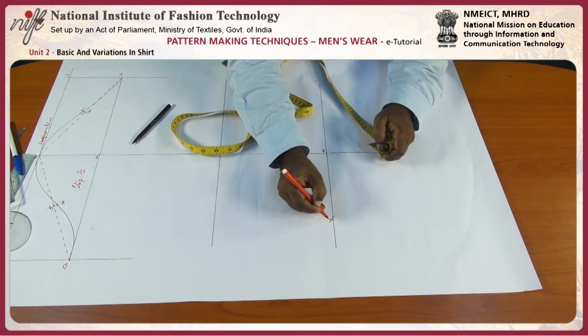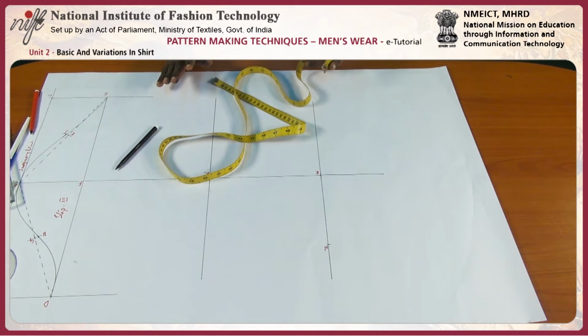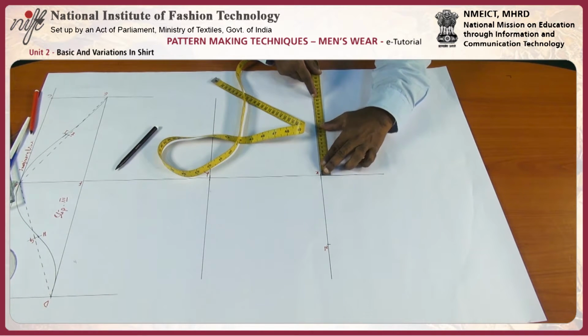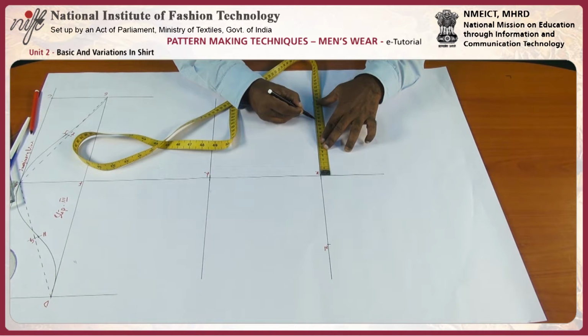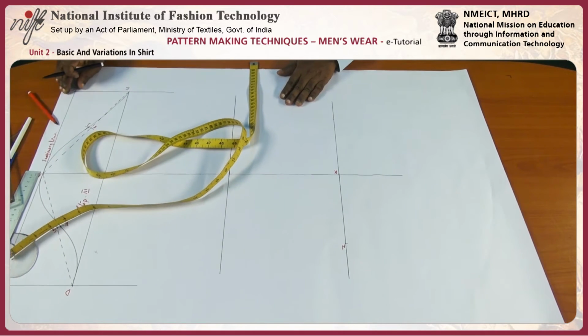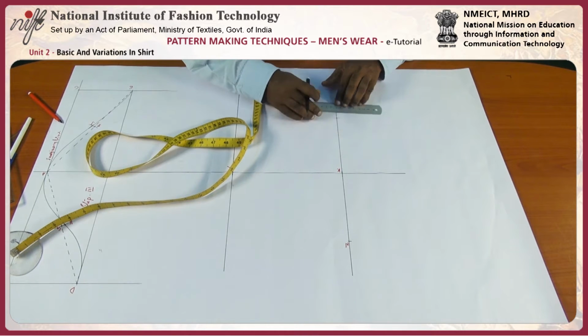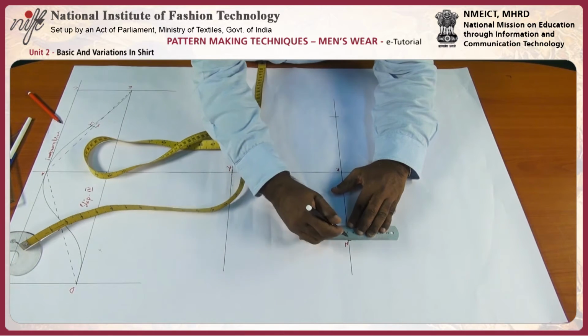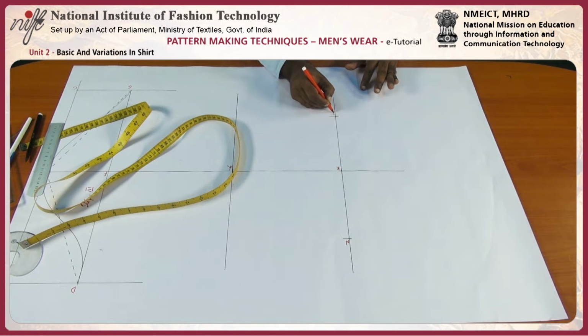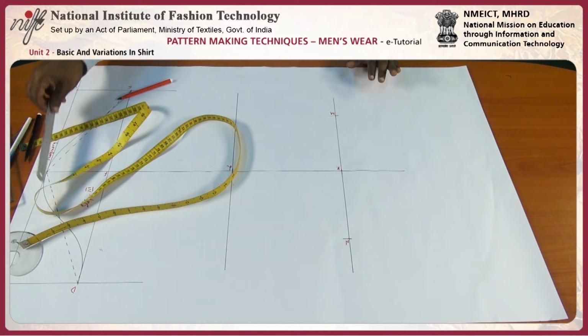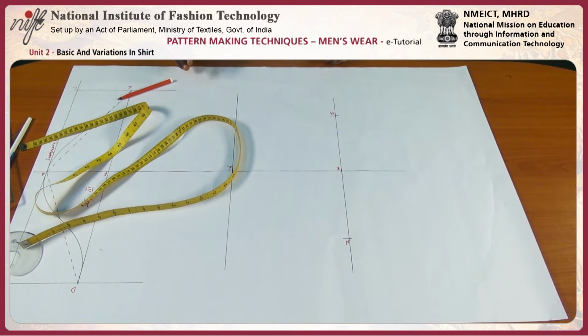Point N. K to M is equal to K to N. Point M. From point M to O, 1 centimeter.